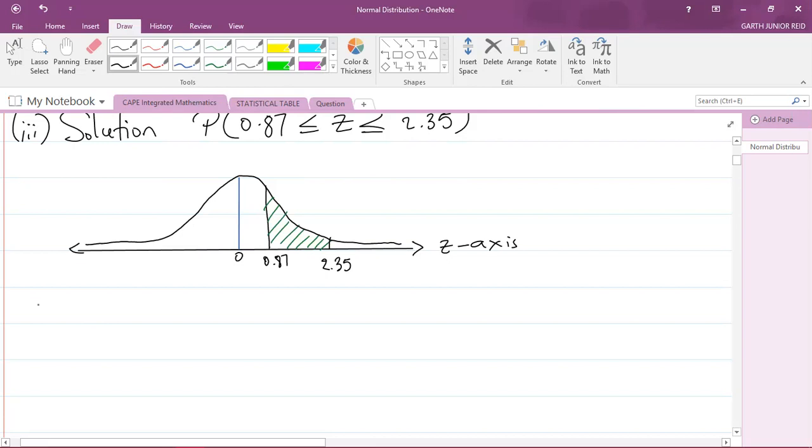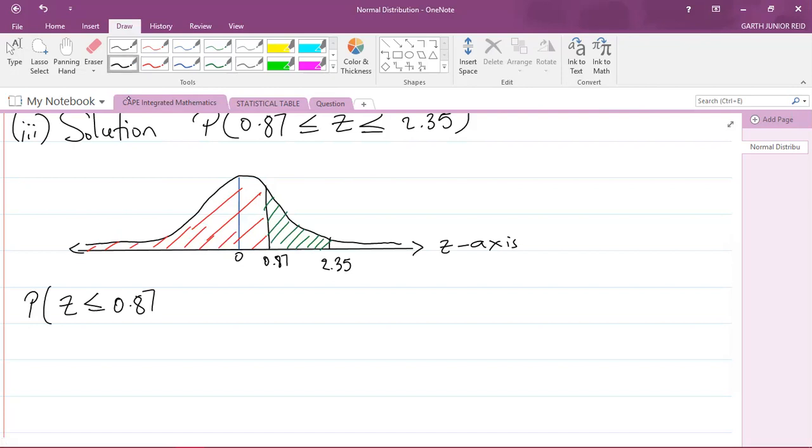I can argue that the probability of z less than or equal to 0.87, that is going to be to the left. So this red area that I'm going to shade here, that is the probability that I'm talking about, to the left of 0.87, right?